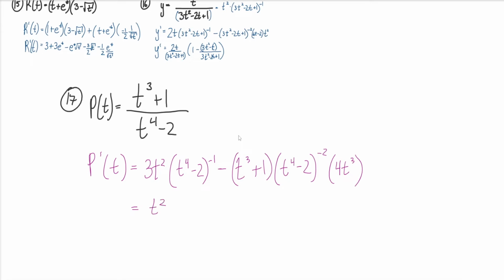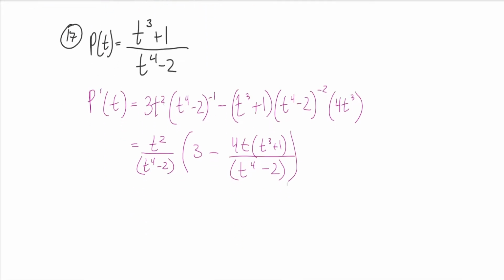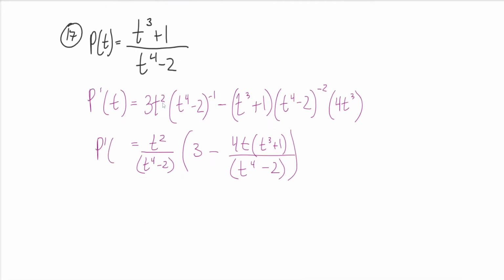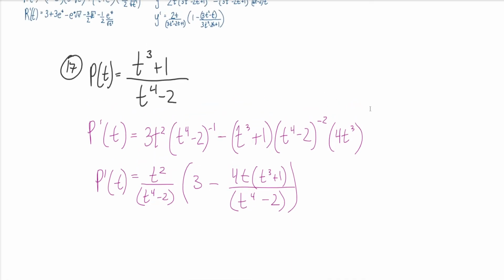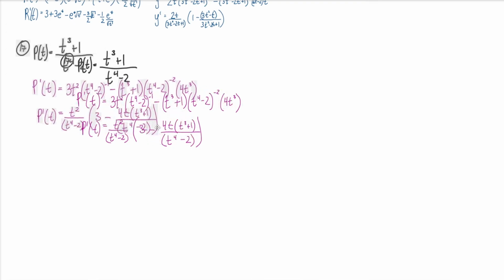So t squared over t to the 4 minus 2 is going to be 3, minus 4t times t cubed plus 1 all over t to the 4 minus 2. Boom. We're going to be pros now. I don't think we need to do any more quotients, right? Let's get these quotients out of here.